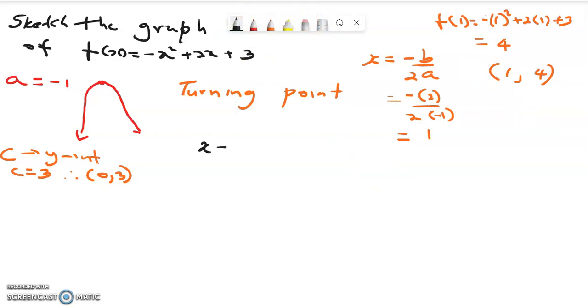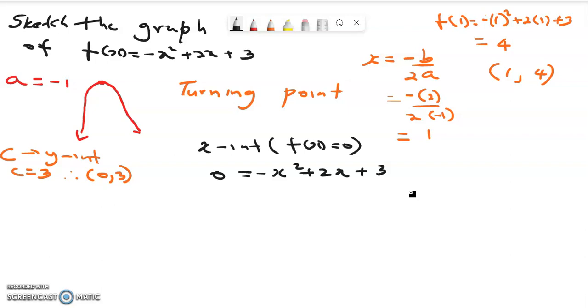So let us remember, for the x intercept we let y to be 0. So this will be 0 is equals to negative x squared plus 2x plus 3. Then we divide by the coefficient of x squared, which is -1.